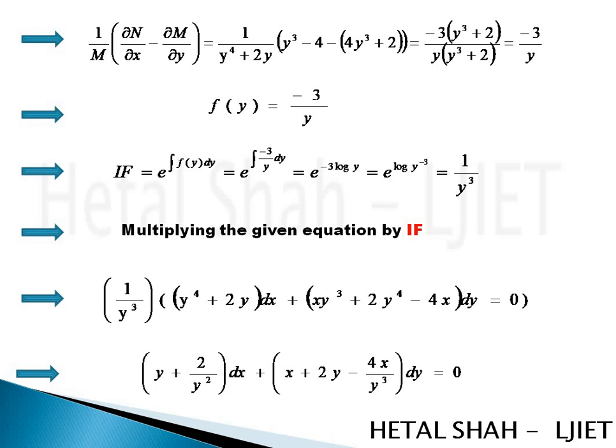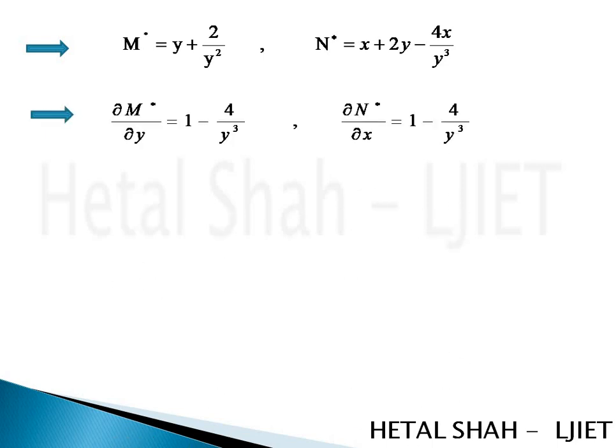For that, let's start with m star and n star. Your m star is y plus 2 upon y square. Your n star is x plus 2y minus 4x upon y cube. Let's check del m star by del y and del n star by del x. Here both are equal.